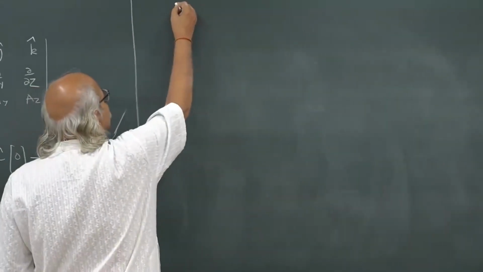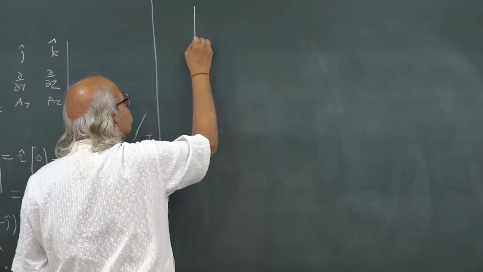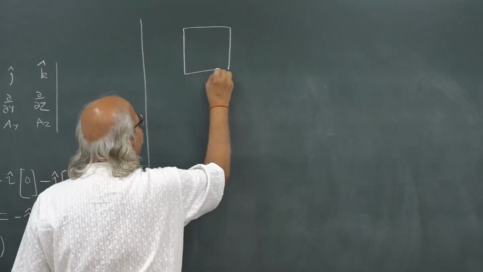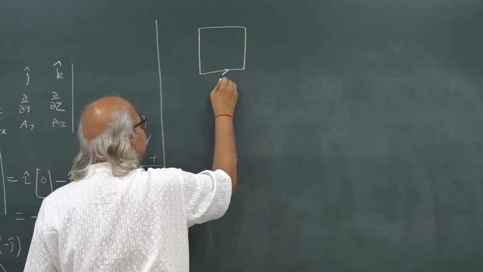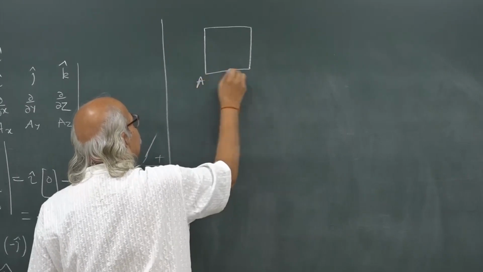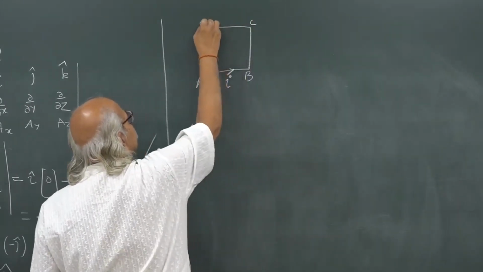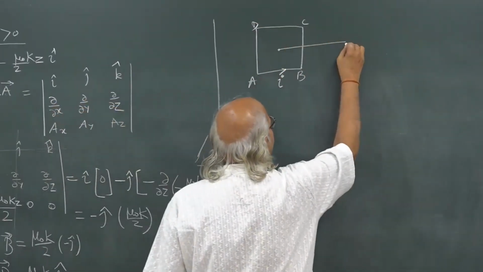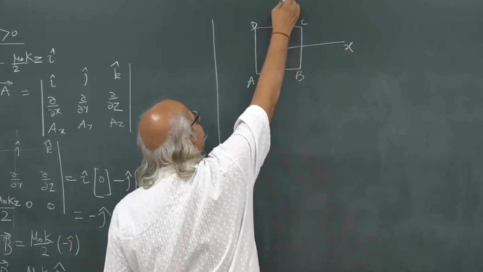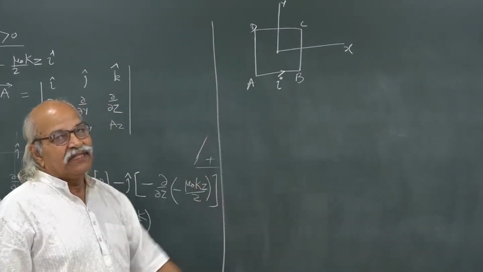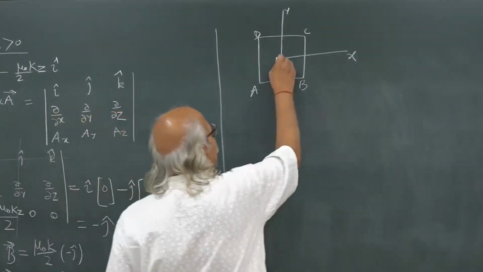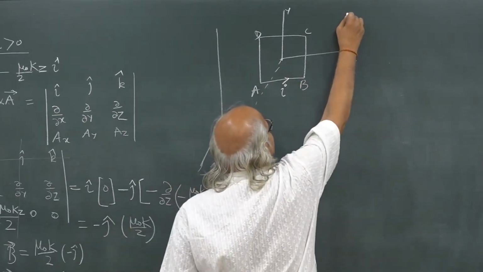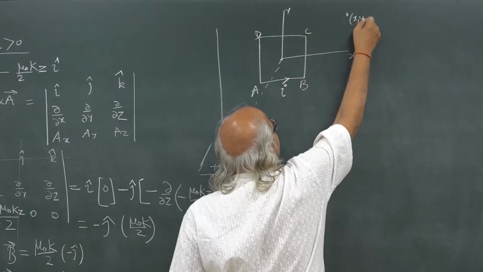So, suppose we have a square loop, this is a square loop and we have current I here, A, B, C, D, and we can take the origin here, x axis this way, y axis this way and z axis coming out of the board. This will be the z axis and then we need the vector potential at a general point, say x, y, z.